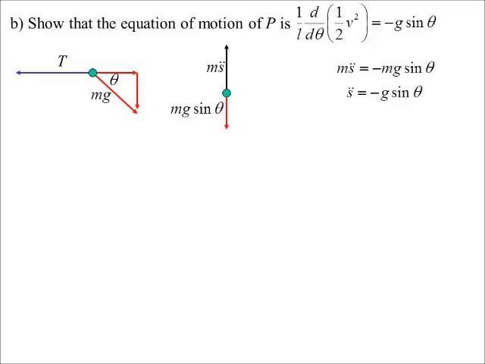All right, well, my masses are going to cancel. So what have I got? I've got d2s/dt2 that we just proved was 1 on L d/d theta of half v squared. So all it was really asking me to do was to resolve some forces and come up with that expression. Okay.